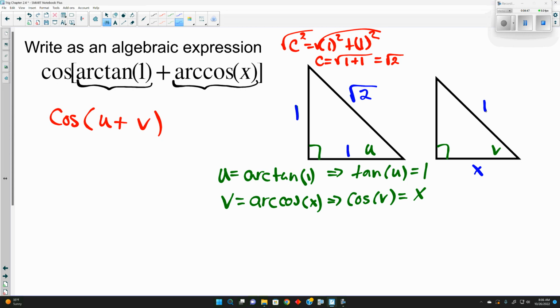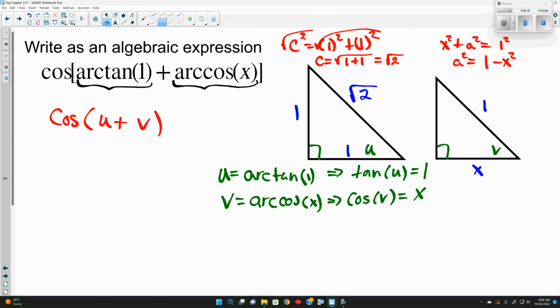Now we do need to find our other side for this triangle, because we're saying x squared plus a squared is equal to 1 squared. We can subtract x squared from both sides, which is really just going to give us 1 minus x squared. We could have said 1 squared minus x squared to keep it as mathematically pure as we can, but 1 squared we know is just 1.